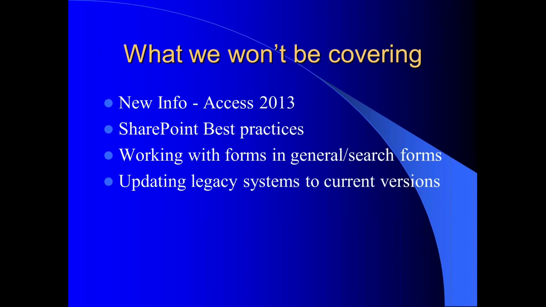Updating legacy systems to current versions. I wasn't quite sure what this person was looking for, but again, it's another subject that covers quite a bit of ground. Of course, you need to learn to deal with the ribbon if you're coming from Access 2000, 2003, and depending on what versions you're using, possibly moving from 32 to 64-bit.